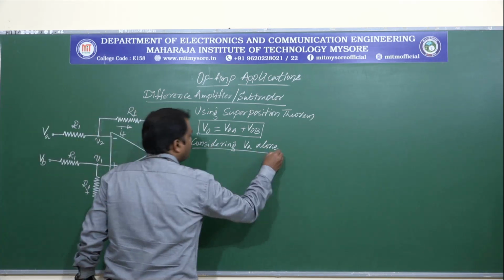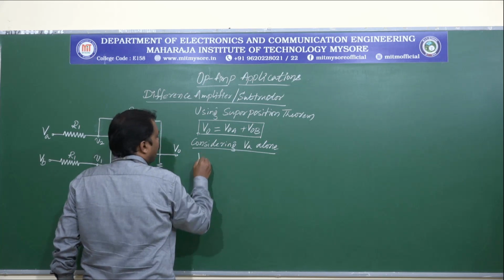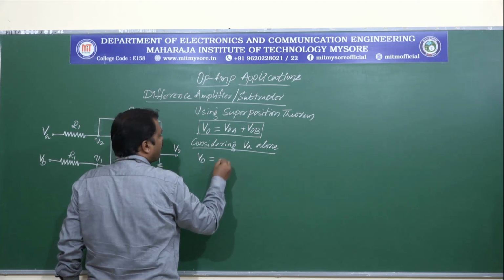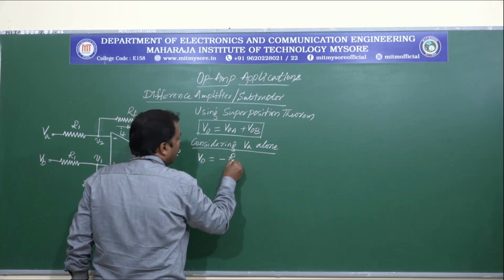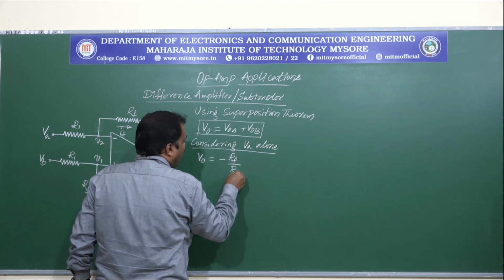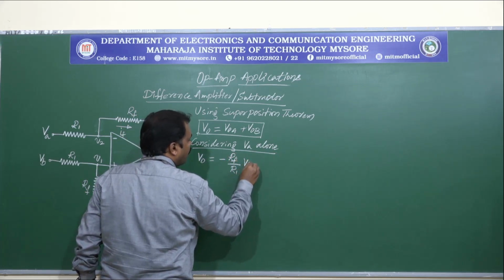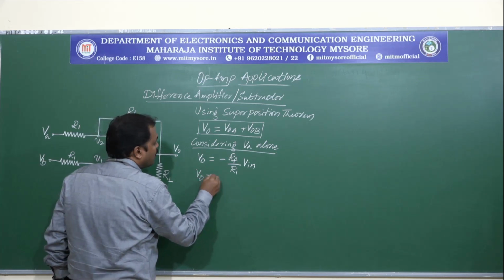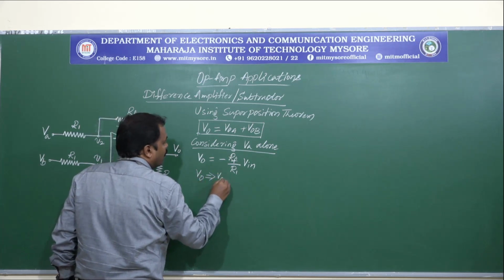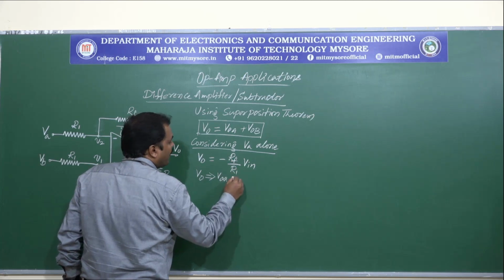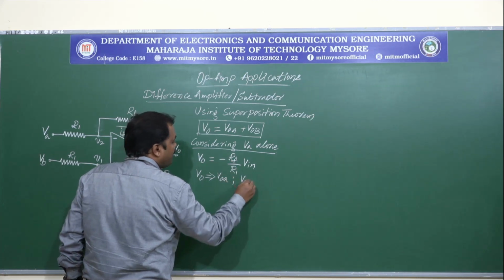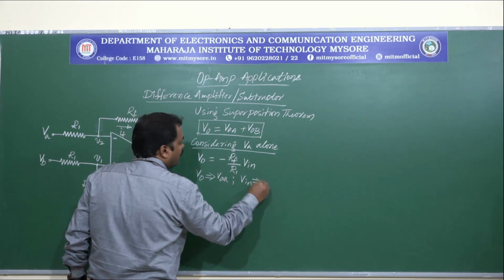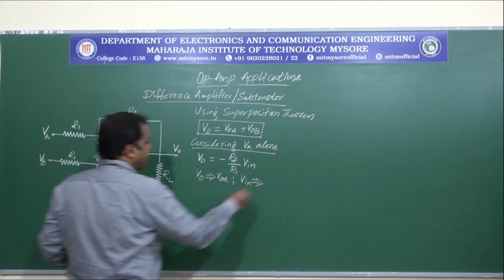So V0 for an inverting amplifier is given by minus RF by R1 into Vin, whereas V0 is V0A and Vin is VA.